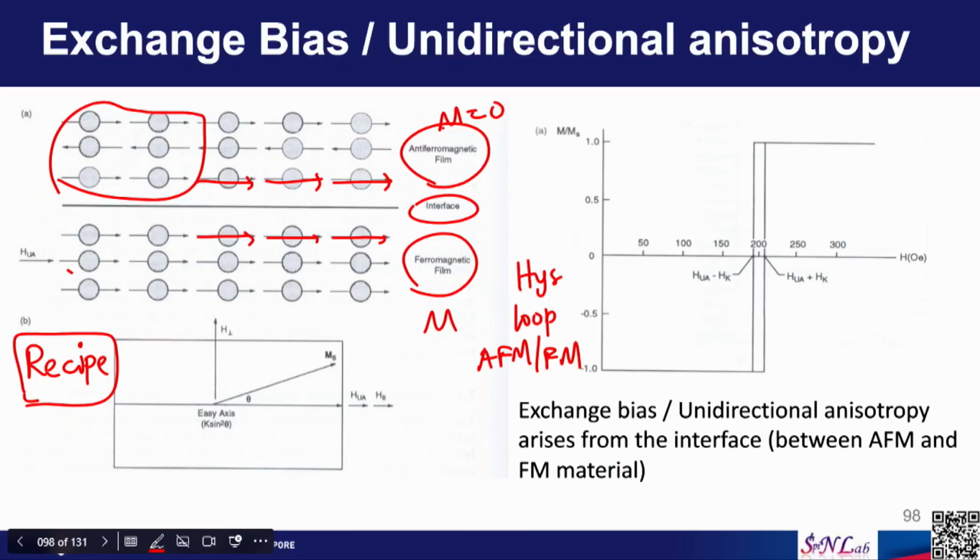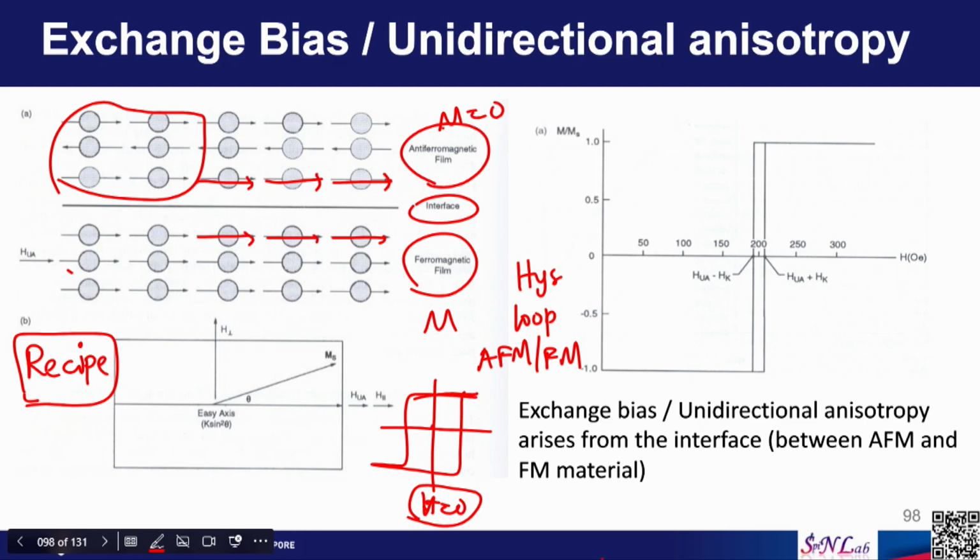Whenever I was drawing a hysteresis loop, it was symmetric with respect to the magnetic field. So far in all my discussions I showed you hysteresis loops which were symmetric with respect to the 0 axis of magnetic field, but here you see that the hysteresis loop is shifted.